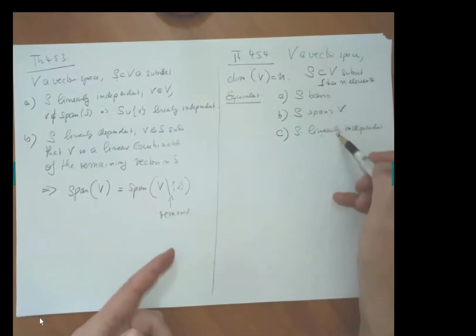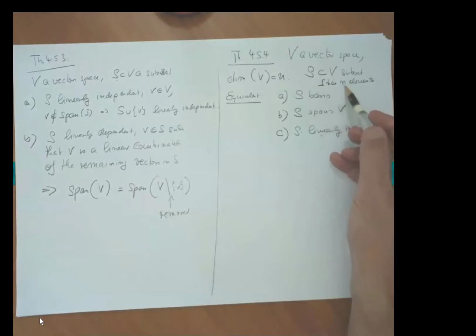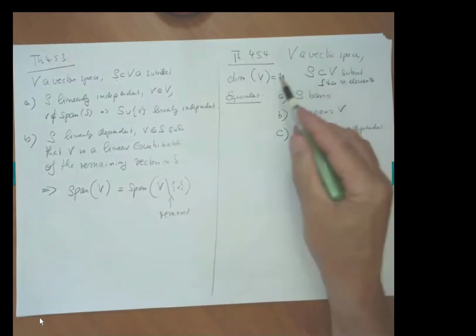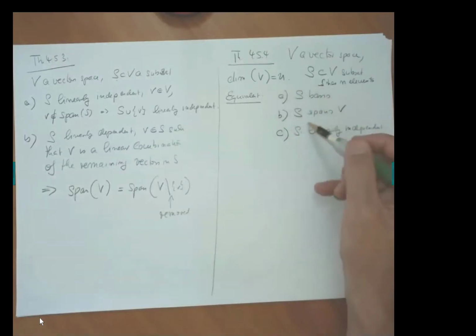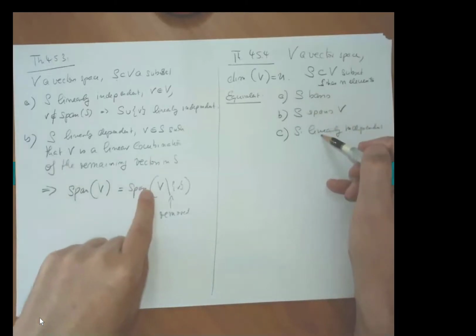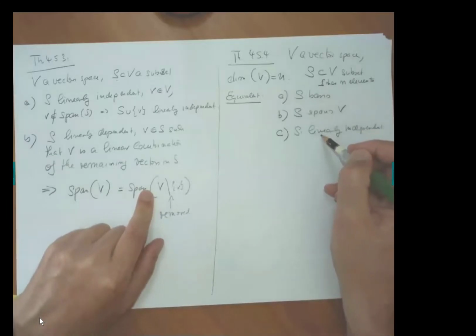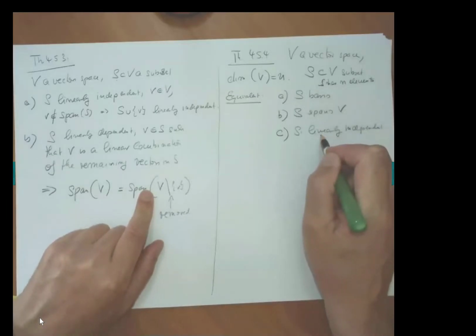If it's not linearly independent, then you can actually remove an element, which gives a smaller set with only n minus 1 elements, which will also span V. But that's impossible because we know if the dimension of V is n, we really need n elements to span. So this implies this with the help of this result and the fact that we need n elements to span the space.